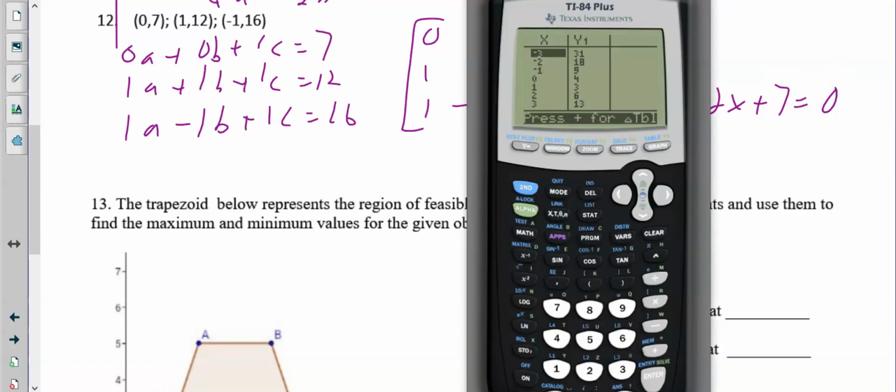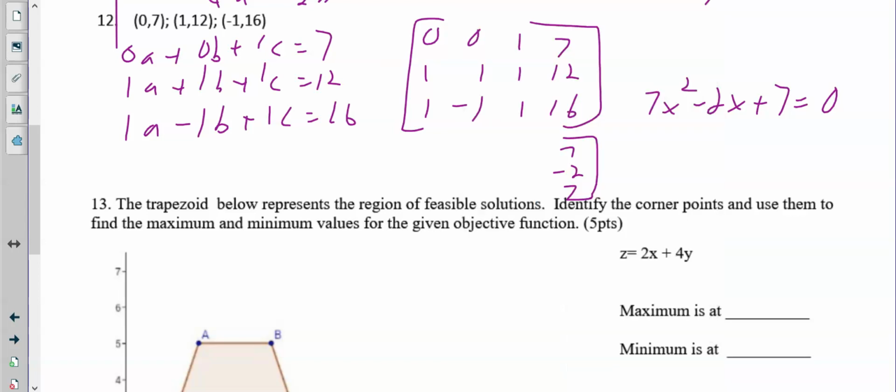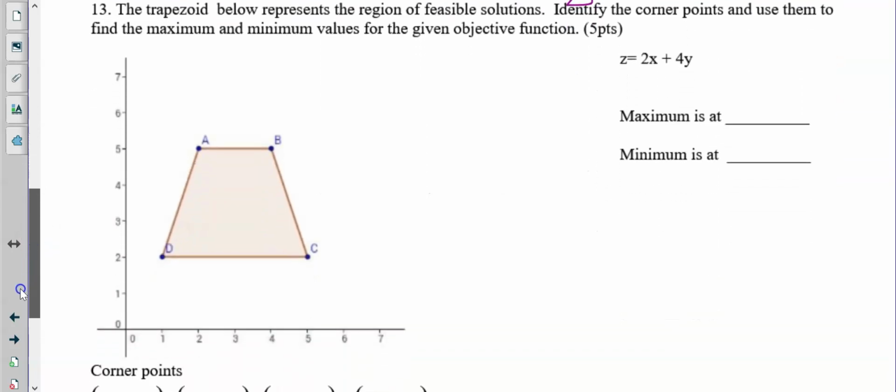And again, I'm not going to do it, but if I change these numbers to 7x squared minus 2x plus 7 and then went to the table, I would see that these 3 points are all there. And I know I have it right before I move to the next problem.